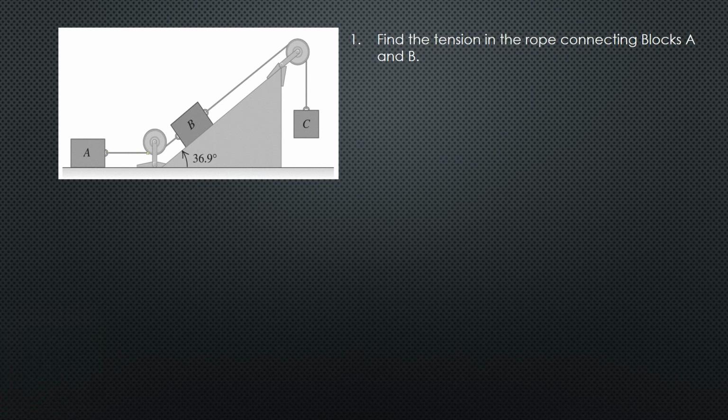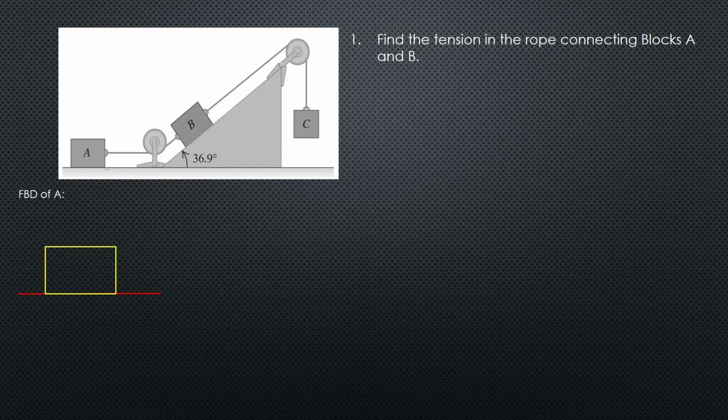So the tension on this rope. First things first, you need to draw an FBD. Let us consider block A on a horizontal surface.